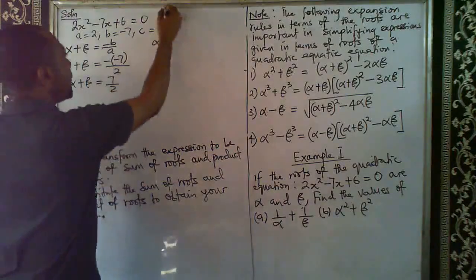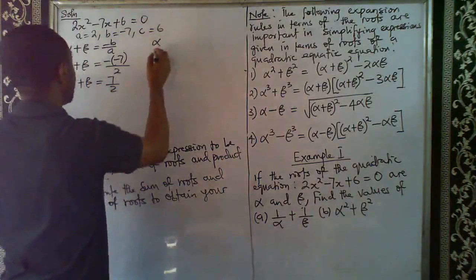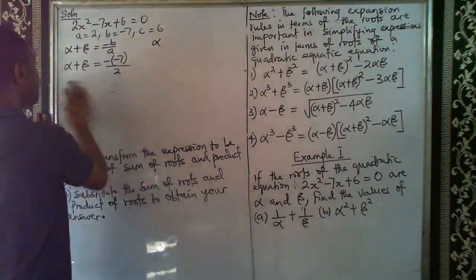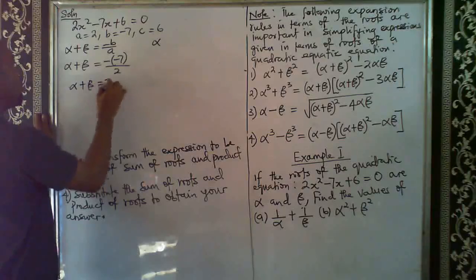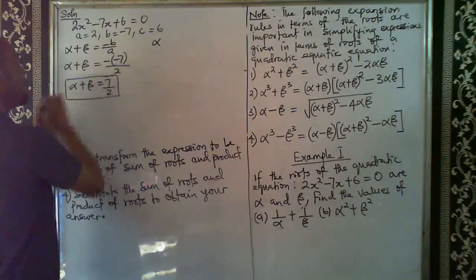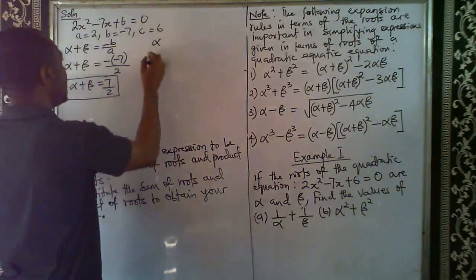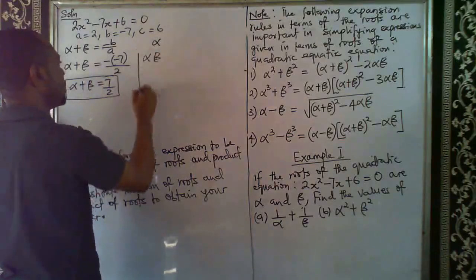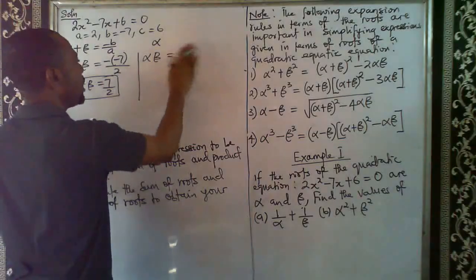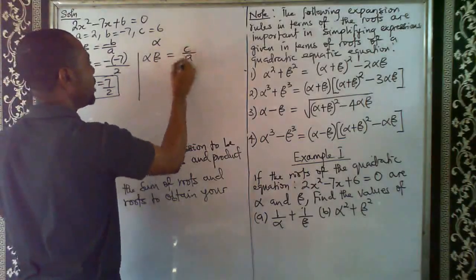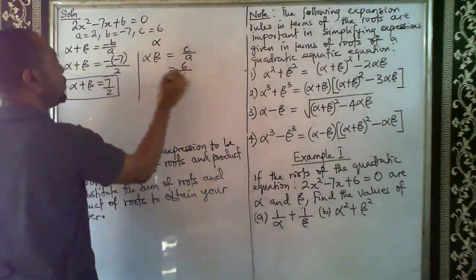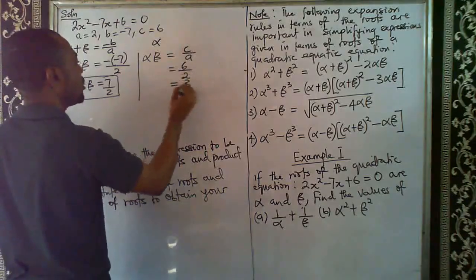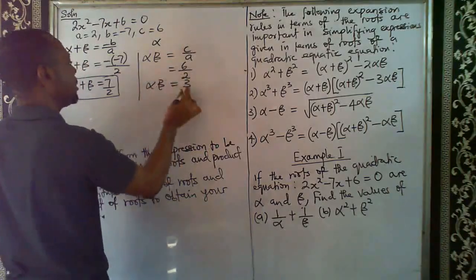So what is my alpha beta? This expression, alpha plus beta is 7 over 2, very important. Alpha beta will be c over a. What is c? C is 6. What is a? A is 2. So we have 3. So alpha beta is 3.